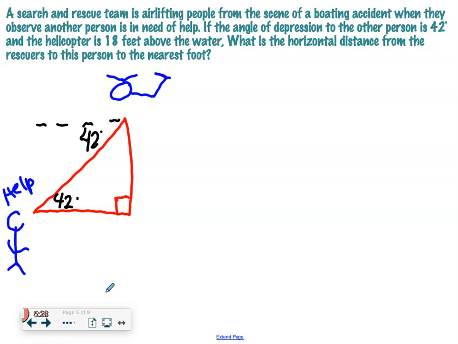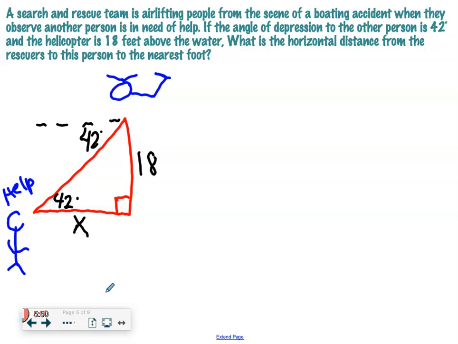What else? The helicopter is 18 feet above water. So is that going to be my horizontal distance or my vertical? It's 18 feet above the water. Yeah, right? It's above the water. And we are looking for the horizontal distance, so x goes here.